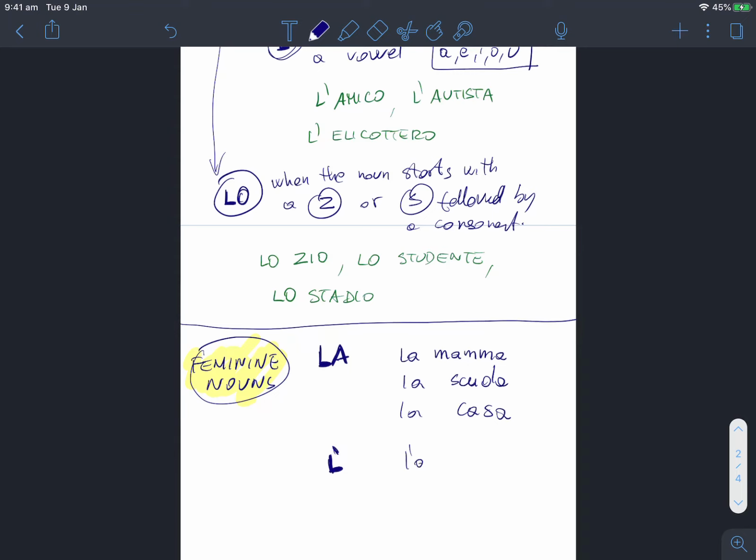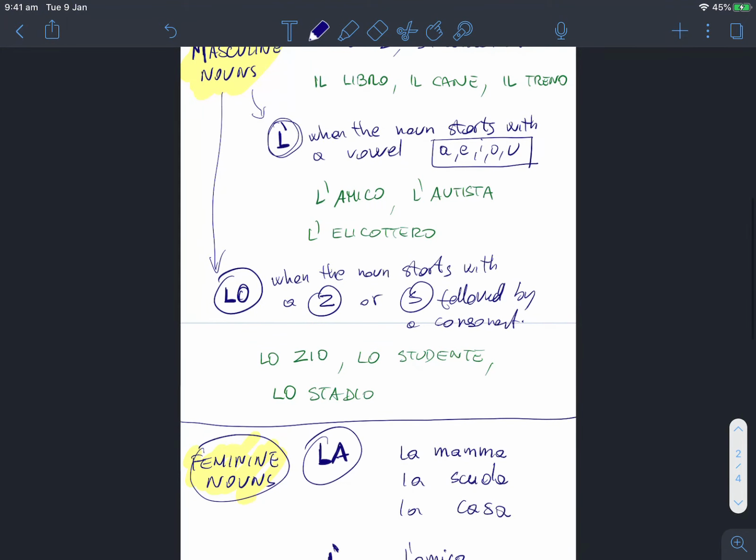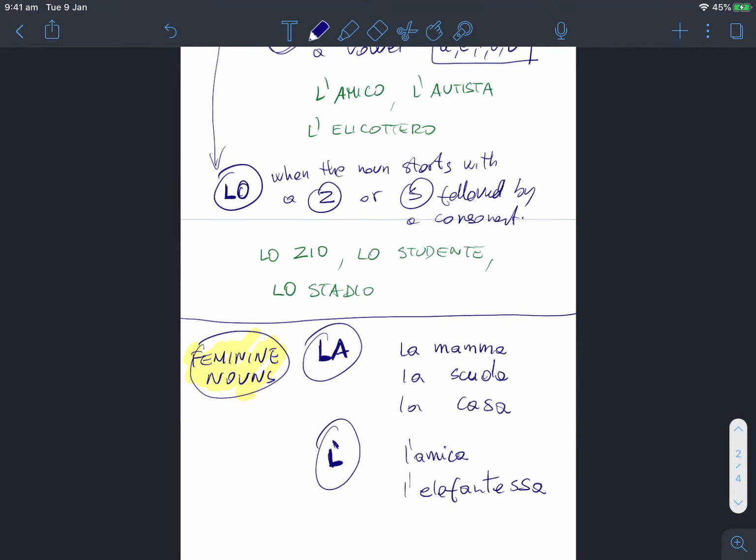For example, l'amica, l'elefante or l'elefantessa, the female elephant. So you have la and l' for the feminine articles. I hope it makes sense to you.